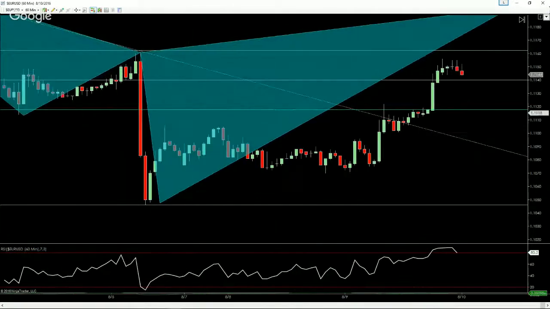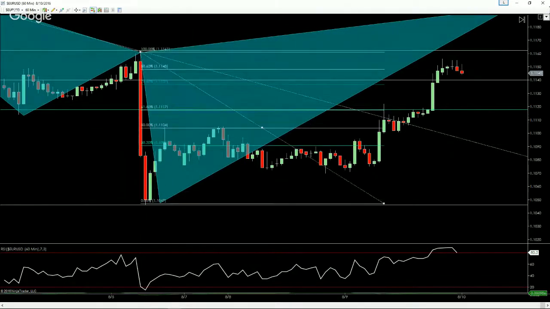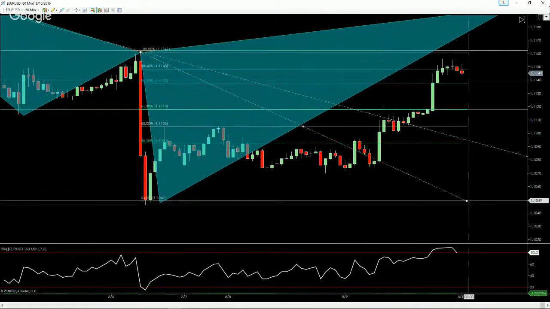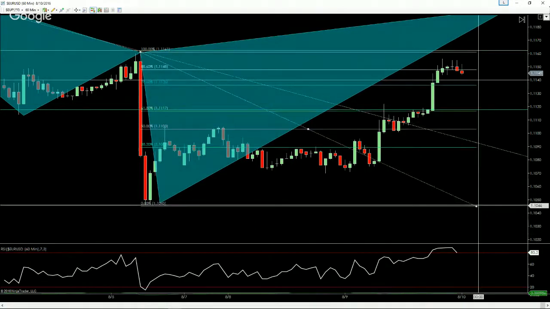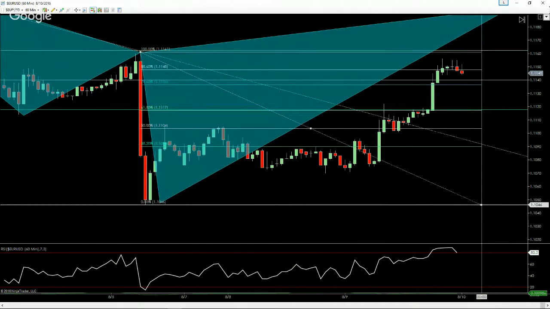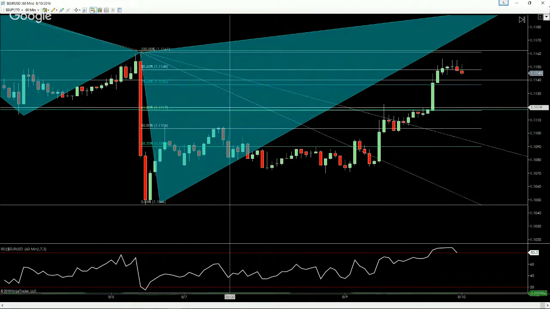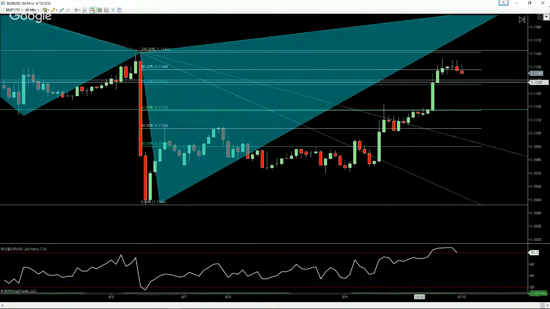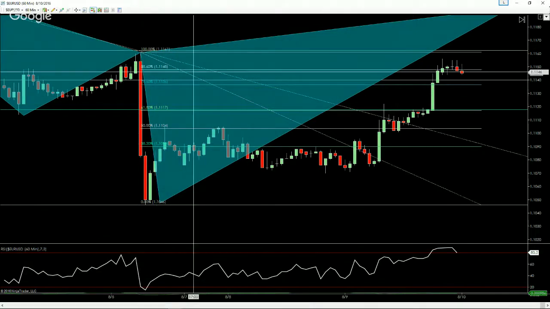So we have that. Let's go to the 60. Now in our 60-minute, we do have a potential, well, actually not a potential, but we have a bear bat pattern that is at completion.